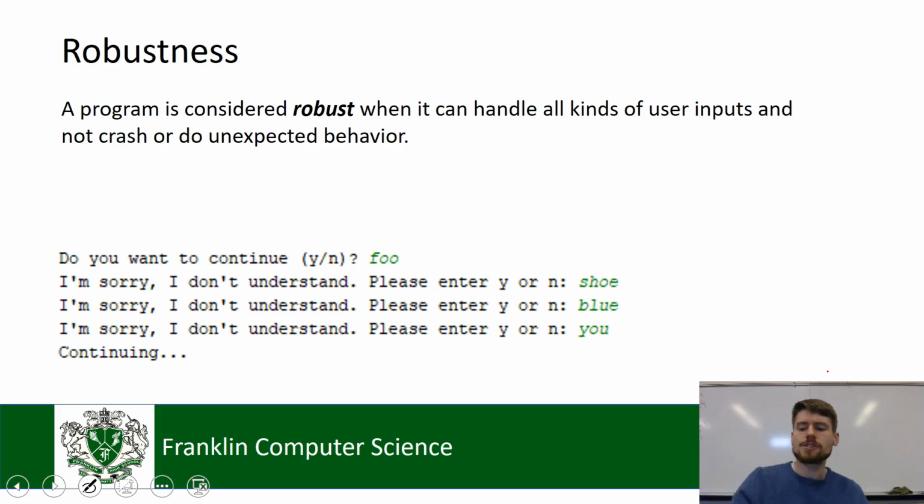Namely, if they enter something that's invalid, that doesn't match with something that we expect, then we know how to handle it, and we reprompt, and they get caught until they enter something we expect, okay?